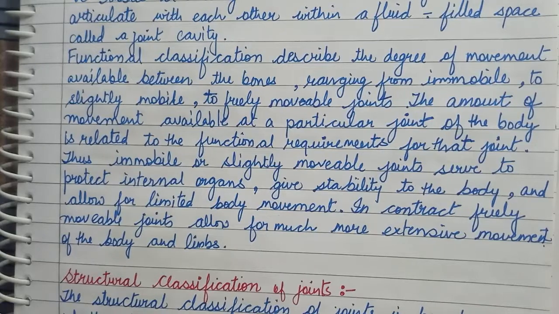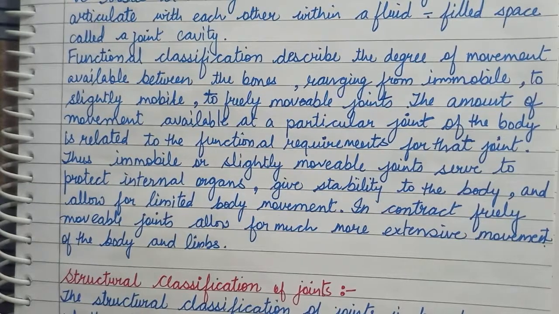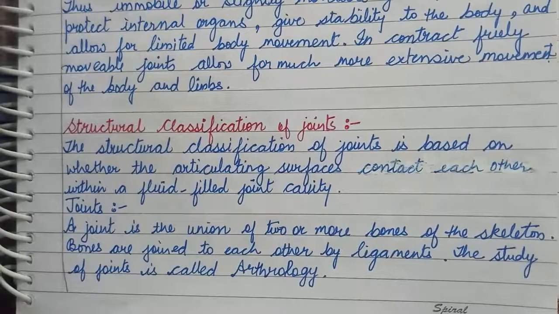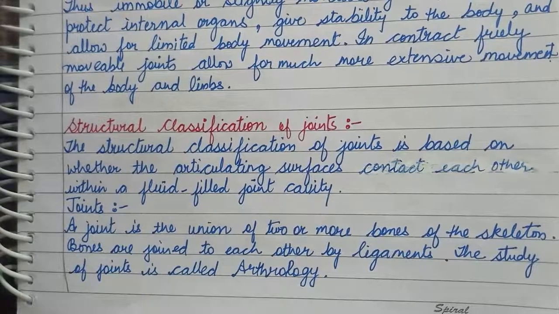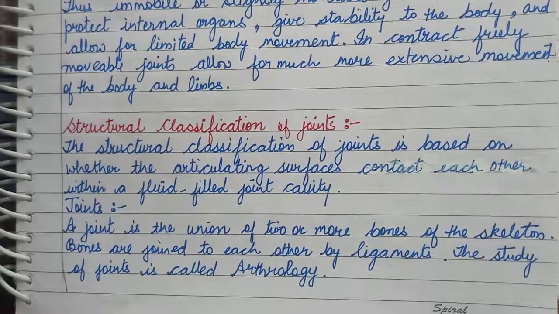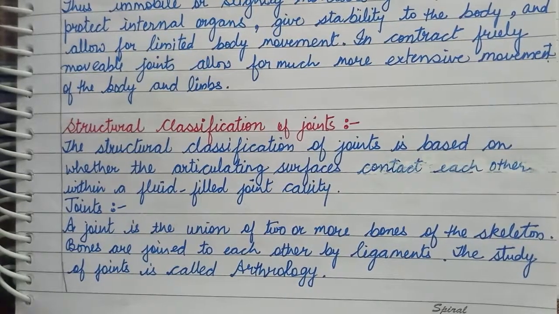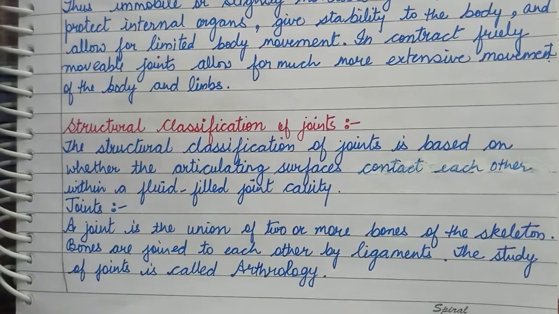Thus, immobile or slightly movable joints serve to protect internal organs, give stability to the body, and allow for limited body movement. In contrast, freely movable joints allow for much more extensive movement for the body and limbs. Structural classification of joints. The structural classification of joints is based on whether the articulating surfaces contact each other within a fluid-filled joint cavity.